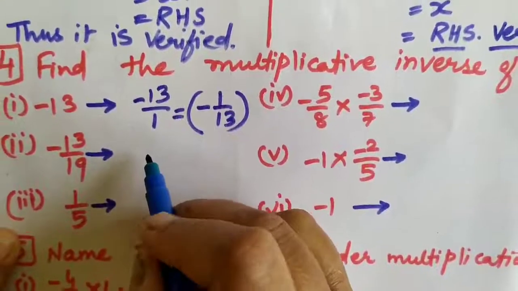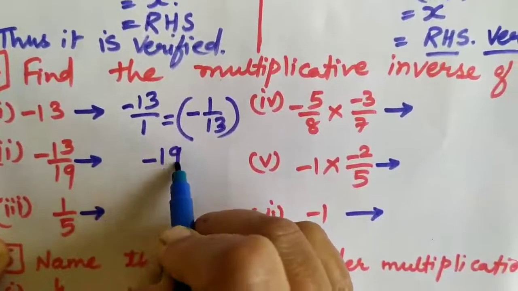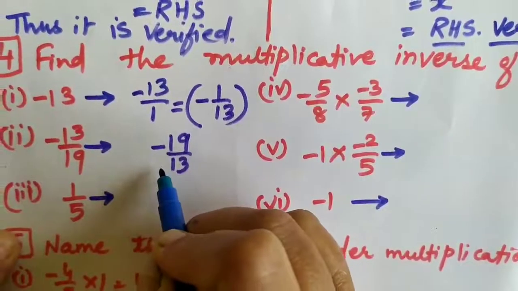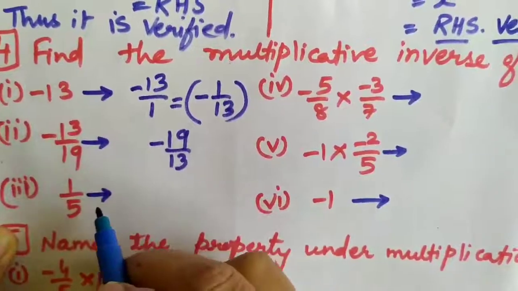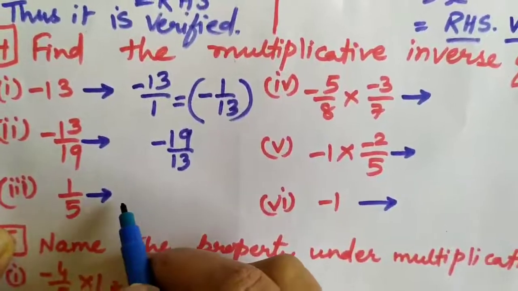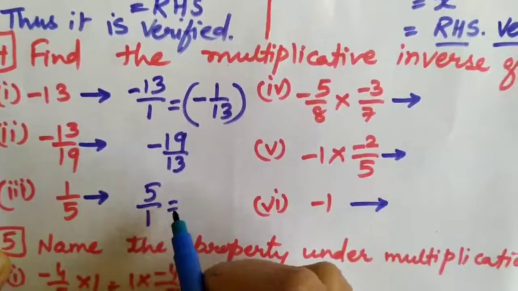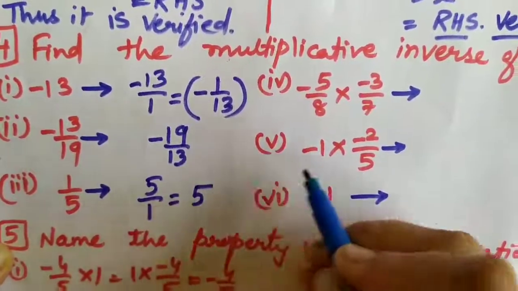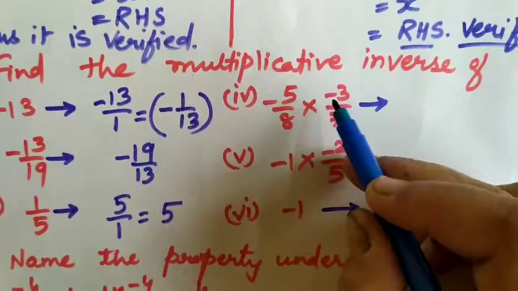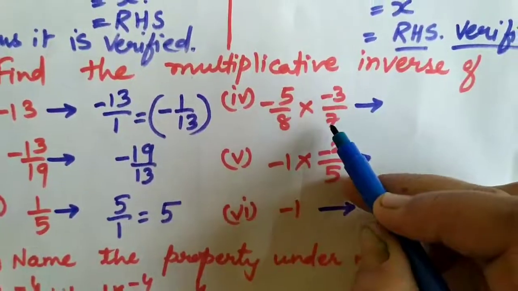If we invert the number, it will be minus 19 upon 13. Minus will always remain in the middle. Third is 1 upon 5. If we invert the number, it will be 5 upon 1, equal to 5. Next is minus 5 upon 8 into minus 3 upon 7.